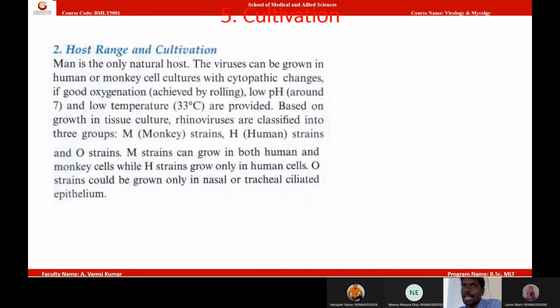Then cultivation. Next side heading, cultivation of rhinovirus. In it, write bullet points. It can be cultivated in monkey cell culture.